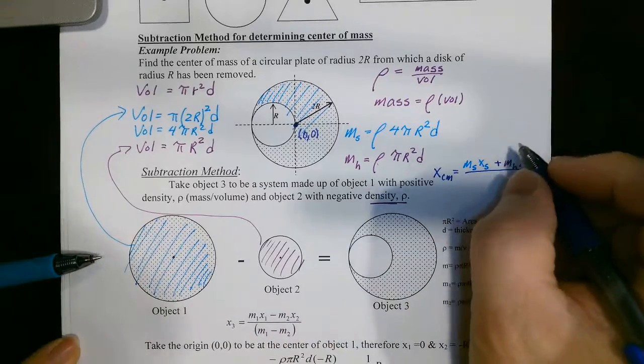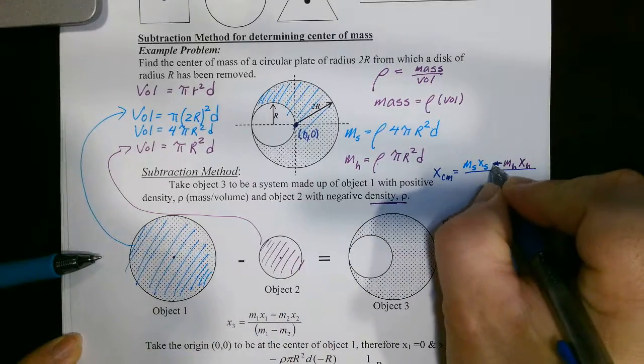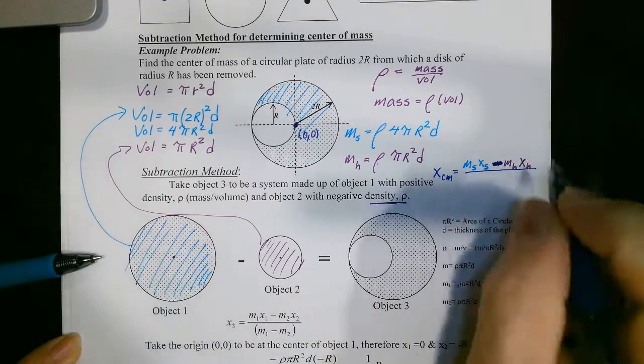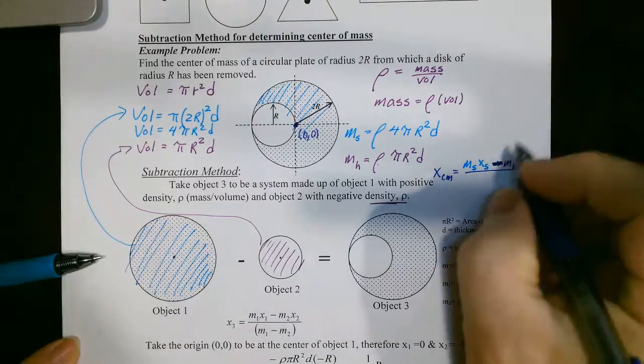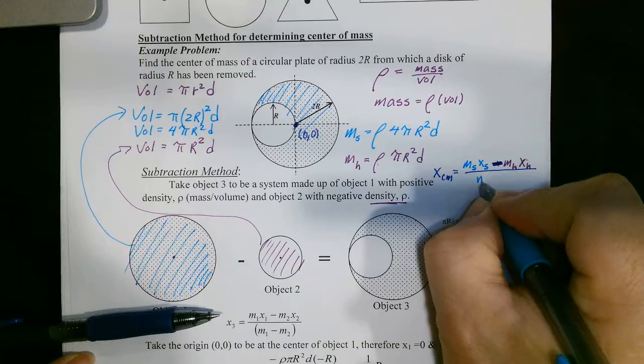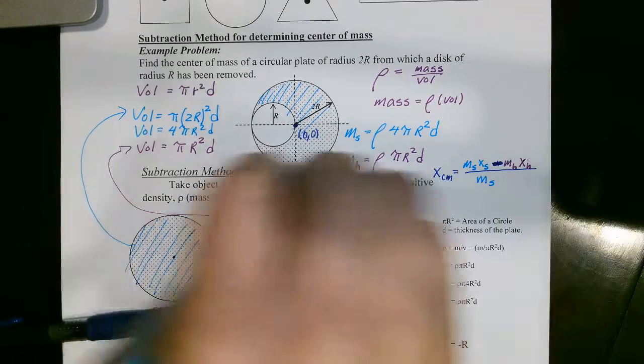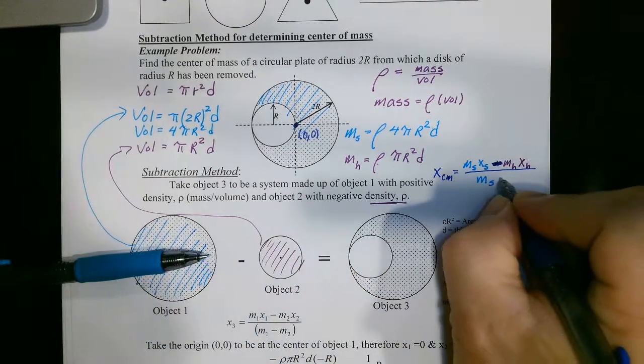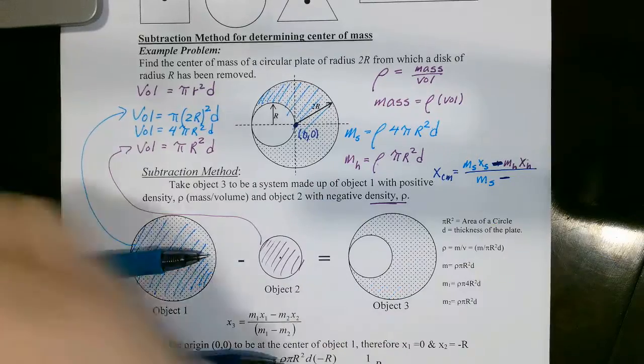I'm sorry. That should be minus. We're using the subtraction method, so it has to be minus. M solid minus the m hole.